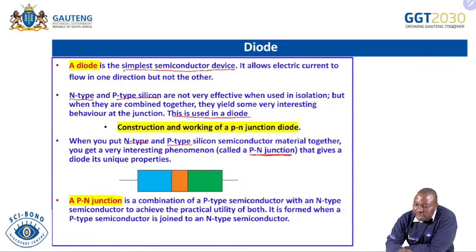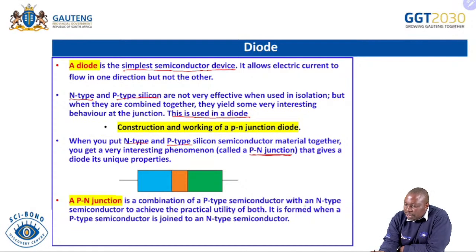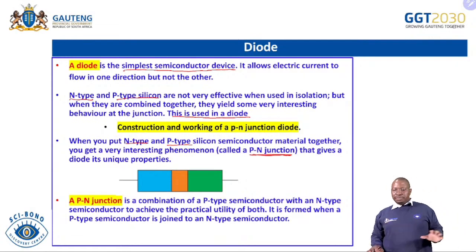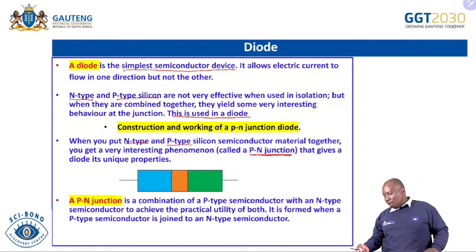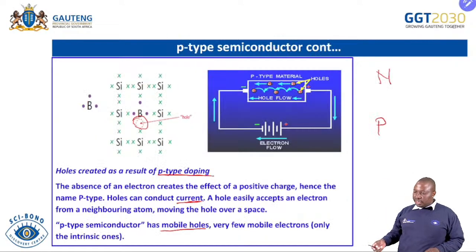A PN junction is a combination of a P-type semiconductor with an N-type semiconductor to achieve the practical utility of both. It is formed when a P-type semiconductor is joined to an N-type. So we're going to join the two, because you have seen the creation of the P-type, you have seen the creation of the N-type. So we're going to join them together.